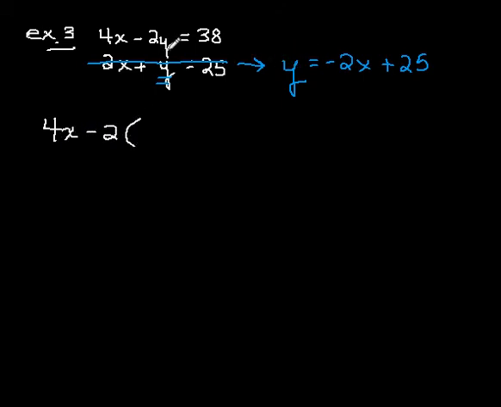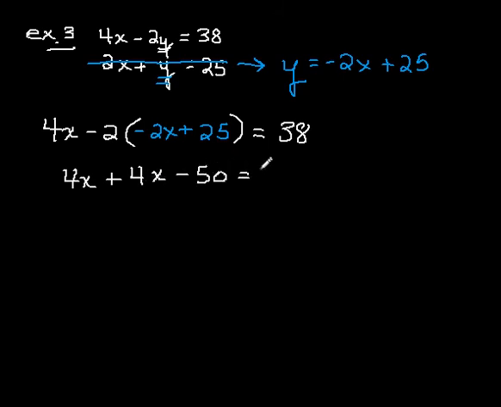We're going to replace this y right here with what y is equal to, which is minus 2x plus 25, equals 38. And then we will just distribute: 4x plus 4x minus 50 equals 38.